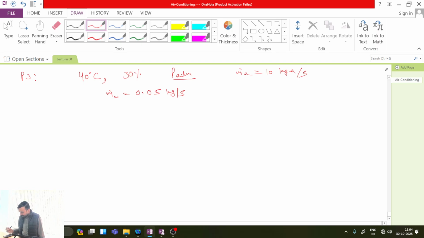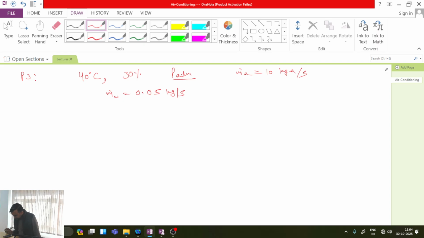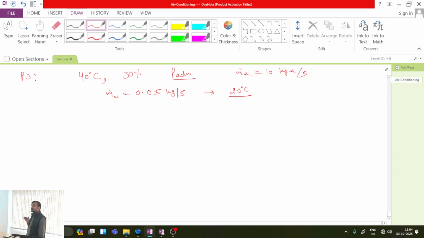What you have to remember is that we are adding water, and at which temperature? 20 degrees Celsius. It means we are adding water to this air in the liquid state. Is this point clear? Whatever water we are adding is in the liquid state because it is at 20 degrees Celsius.